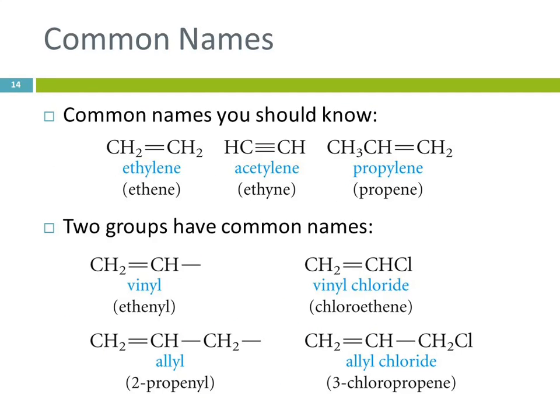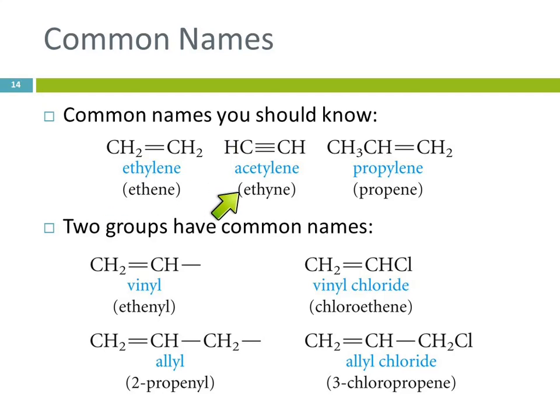There are some common names that you need to know. And that has to do with these 2 and 3 carbon molecules. The IUPAC name for this is ethene, but its historical name, we call it a common name, it's still commonly used as ethylene.